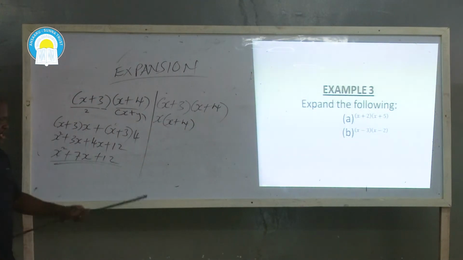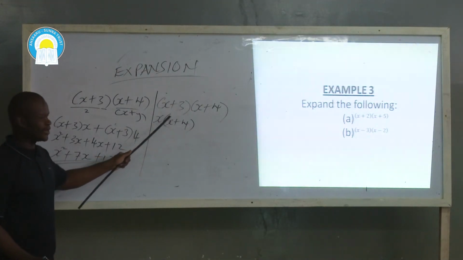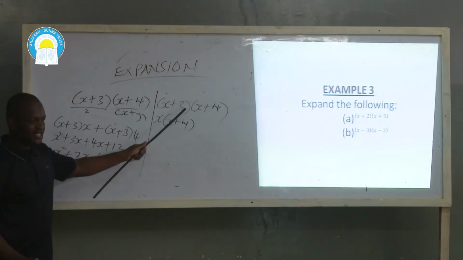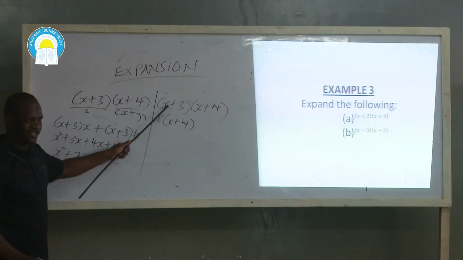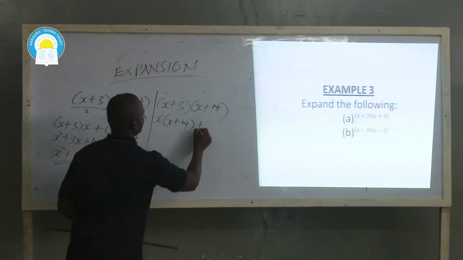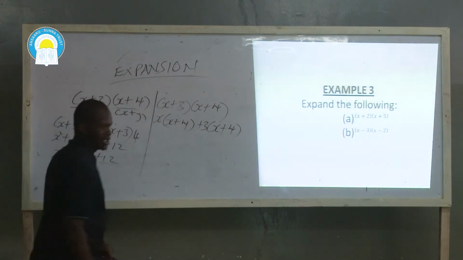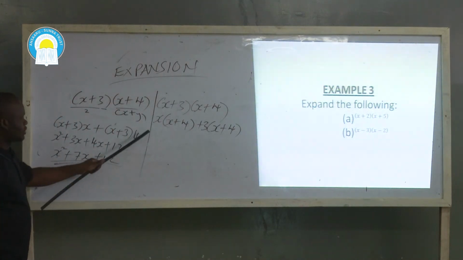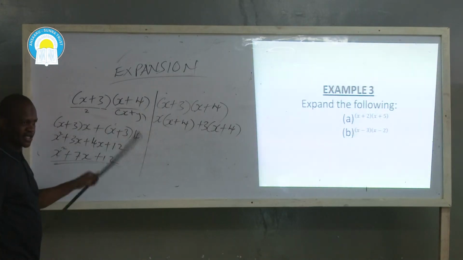And then you take plus 3, focusing on the second term in the first bracket, together with that sign which is there, into that. Then you complete your statement by completely removing the brackets.